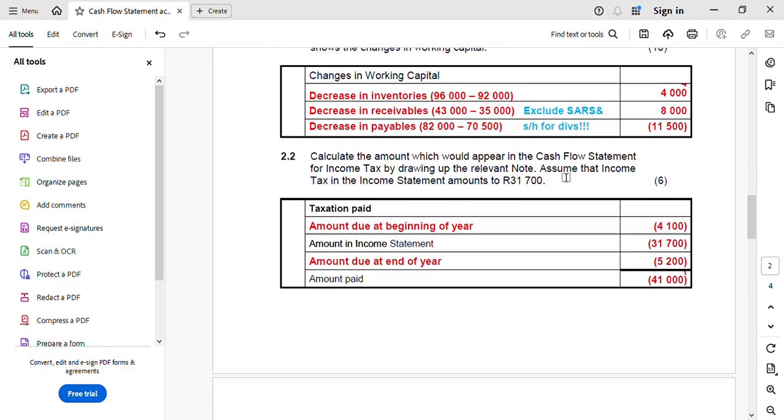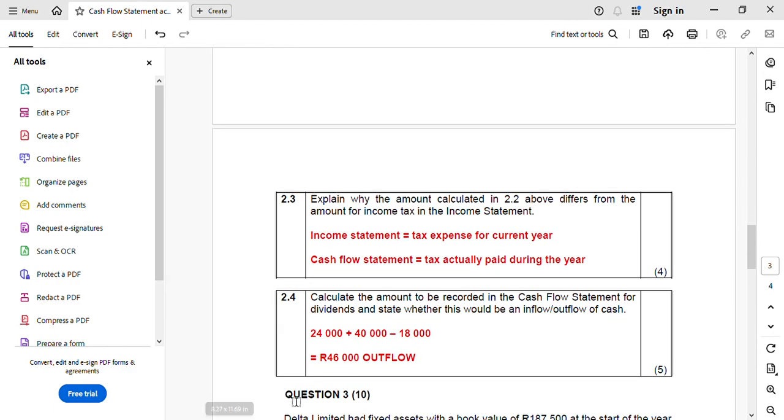So the first thing we pay then is the 24,000. That was the dividend from last year. We add what we should have paid for dividends, the total, and we subtract this year's final dividend because we haven't paid it yet. And that gives you 46,000. You are paying money for dividends, so it's an outflow of cash.